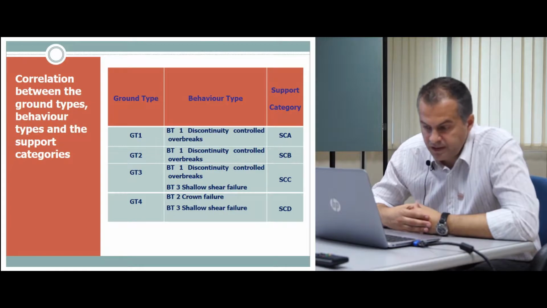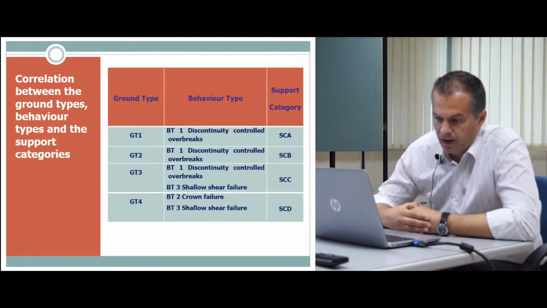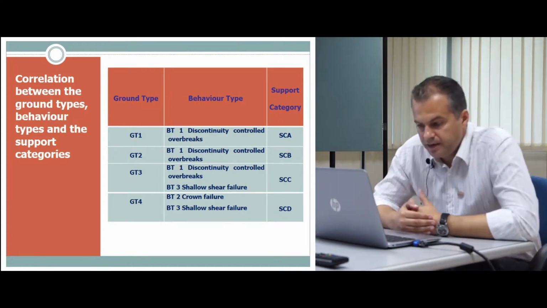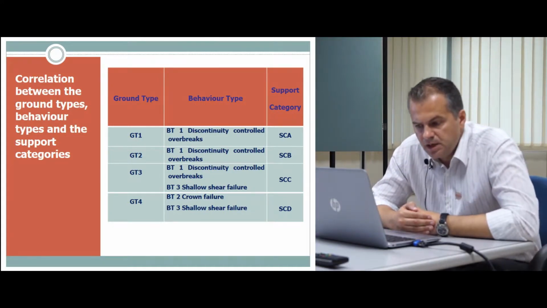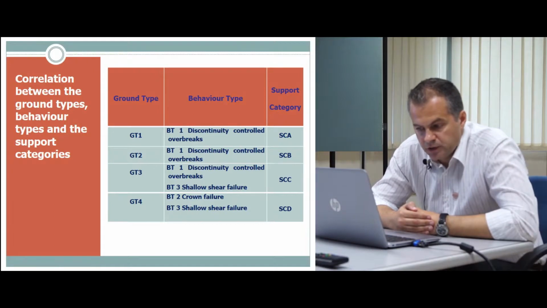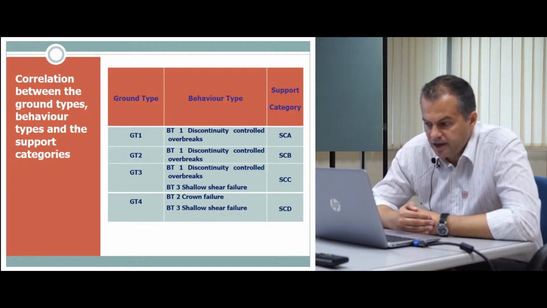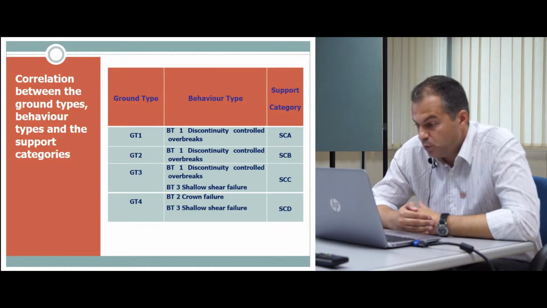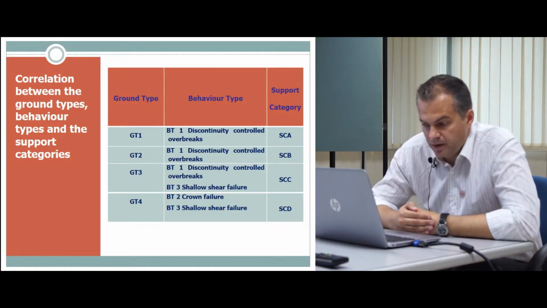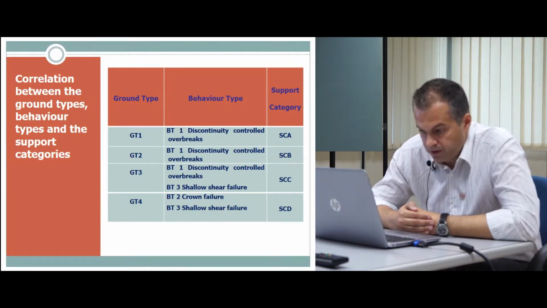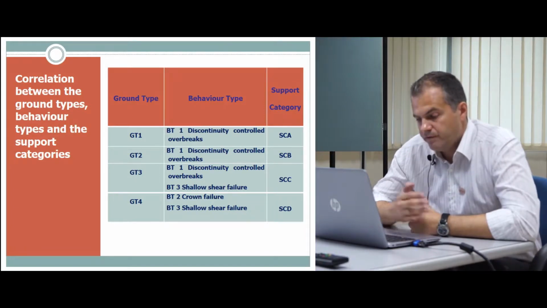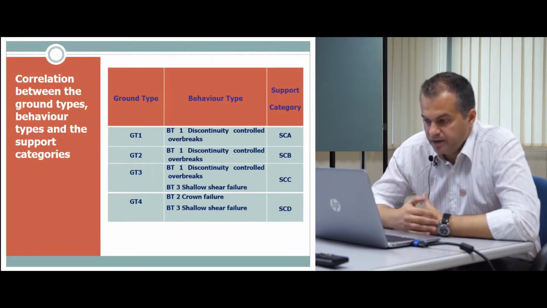In the face stability, we may have, in the first case, in the behavior type 1, some potential for wedge sliding along the bedding planes in case of excavation from east to west. And in the other two cases, we also may have some larger overbreaks from the face sliding.